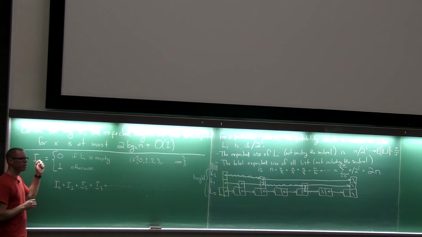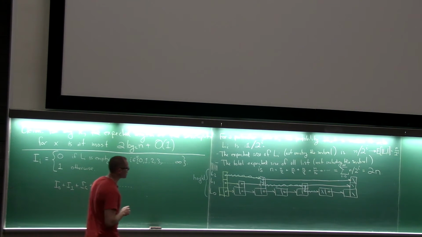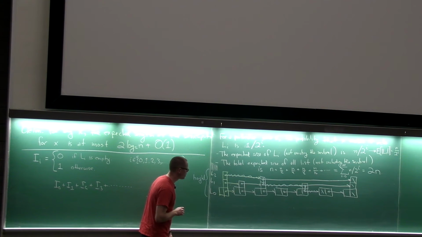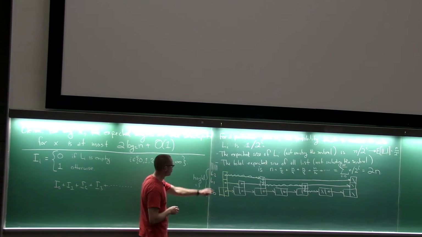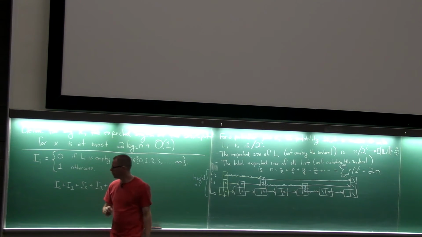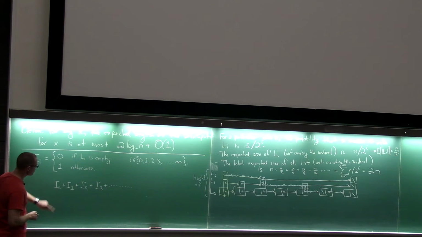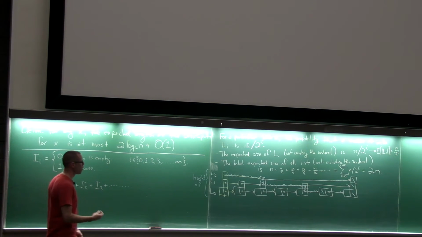This is the definition of I sub i. What is this number here? It tells me the number of lists which are not empty, which is what we're defining now as the height, or maybe that's the height plus 1, depending on whether the height of this is 2 or 3. So let's call this height 3. So the height is 1 more than the index of the last empty list. So these I sub i's, they're just another way of writing down the height.